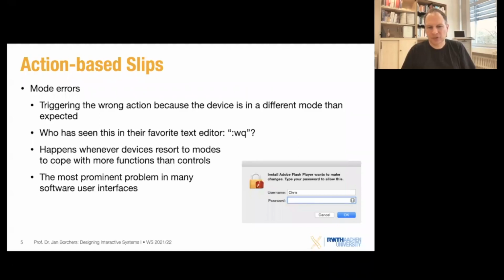Here's an example with password entry, right? Oftentimes systems ask you to enter your password, and oftentimes people fail to do that because they didn't notice that the caps lock key was on. The caps lock key is a wonderful example of a mode.